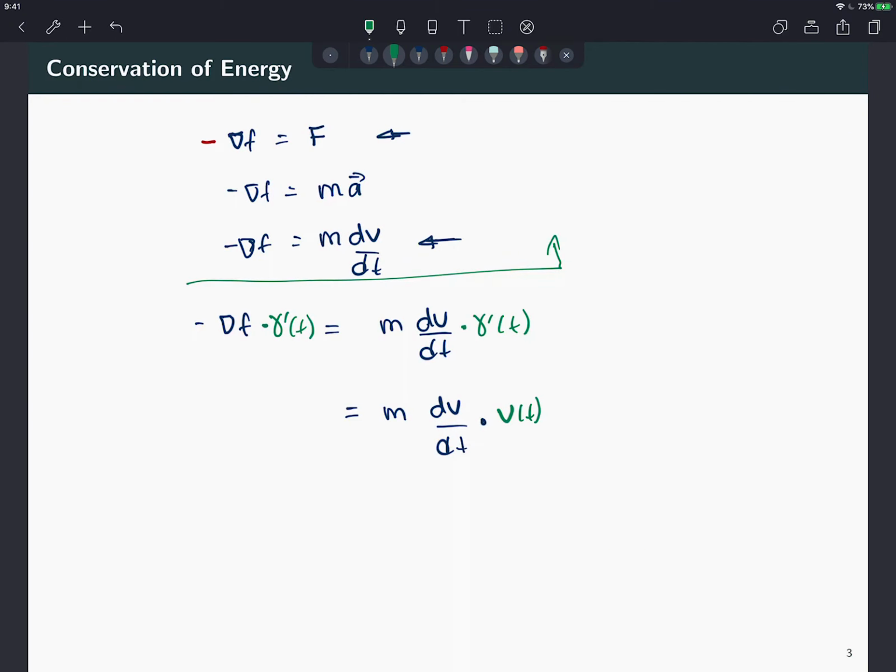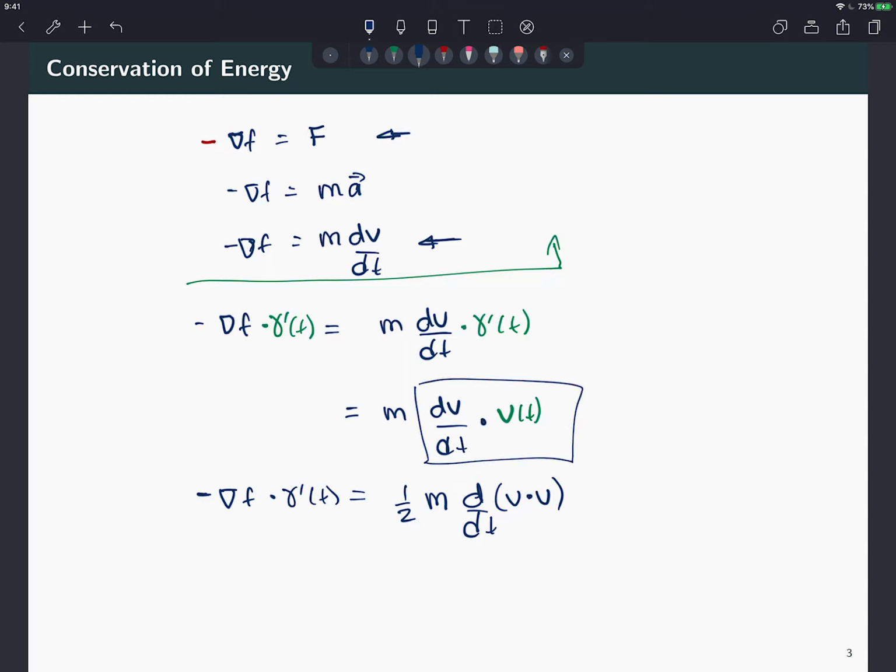What I end up having is the negative gradient of f dot gamma prime of t is 1/2 of m d dt of v dot v. That's what I talked about before: if you did the derivative of v dot v, you would get twice this term. So I only have one of them, so it's half of that. This is preliminary work to have it set up.